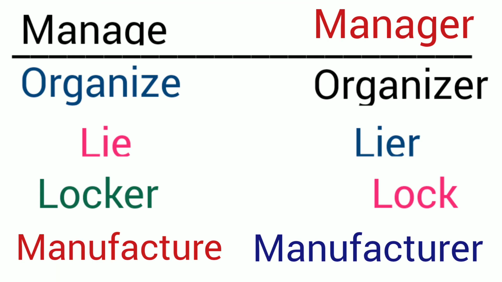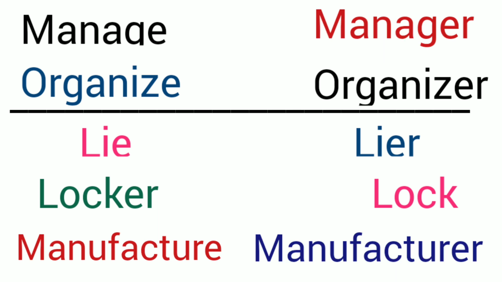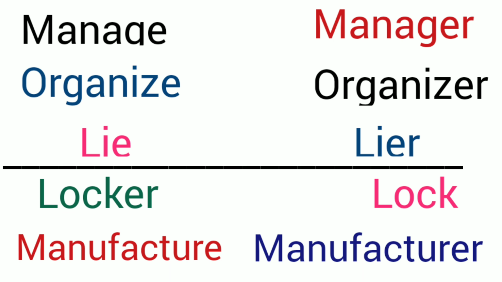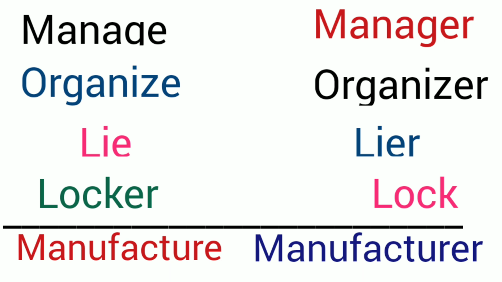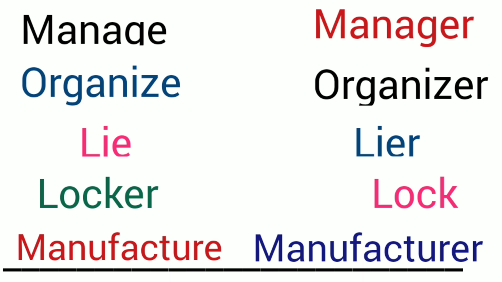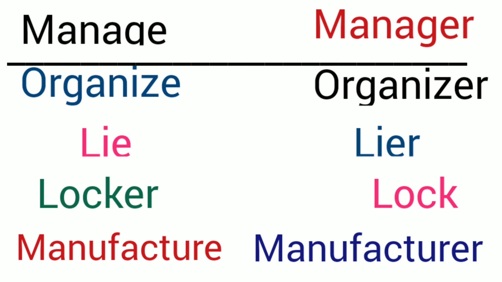The work of a manager is to manage things, affairs, okay? An organizer does organizing job, he organizes. A liar is someone who tells lies. A locker is to lock. A manufacturer is someone who does manufacturing job. Are we good? So remember the noun and the verb.